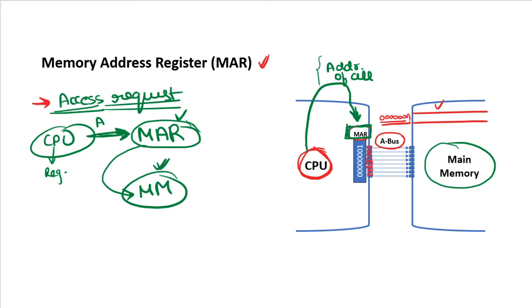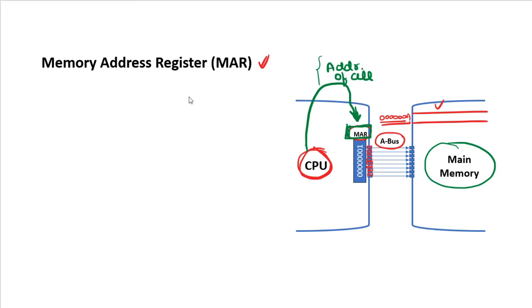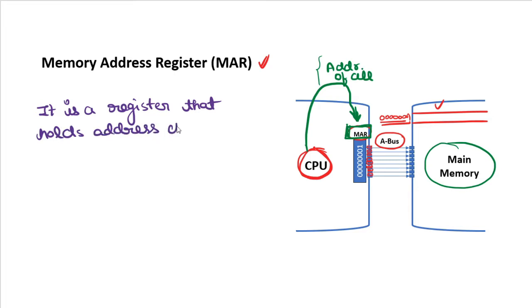Let's write the definition here. What is the memory address register? The memory address register is a register that holds the address of a memory cell whenever the CPU wants to access main memory.